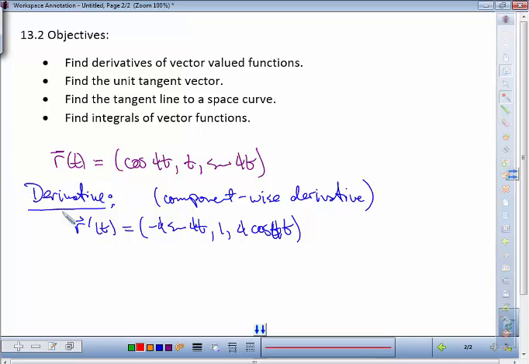So remember that idea of finding the derivative back in Calc 1? You find the derivative, but that's not your slope. That's the slope function. If you want a slope at a particular point, you have to plug in the x value. So the same thing for here. If you want the velocity vector at a particular point, you need to plug in the value of t. But we can look at the unit tangent in general.